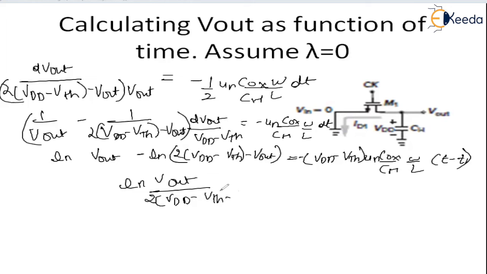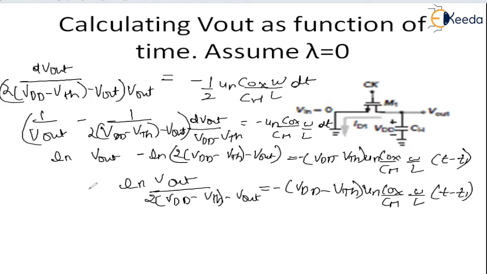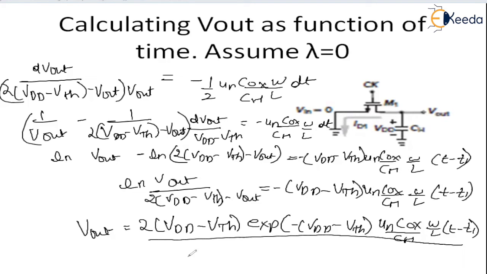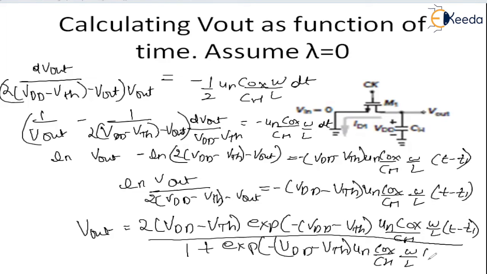Solving this equation and taking the exponential of both sides, we get Vout equals 2 VDD minus VTH times exponential minus VDD minus VTH mu n Cox W by L CH t minus t1, upon 1 plus exponential minus VDD minus VTH mu n Cox CH W by L t minus t1.